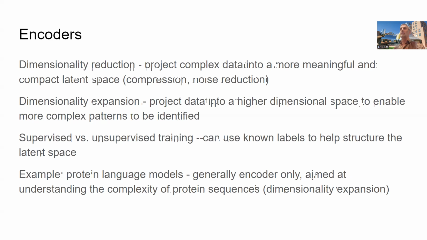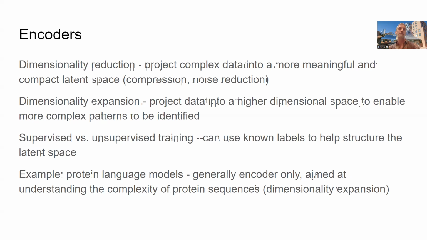So if we have, let's say, a 2D image, a picture of a cat, we want to take all of those pixels with millions of numerical values and reduce it to a much lower dimension object, something that says like cat, or gray striped cat.